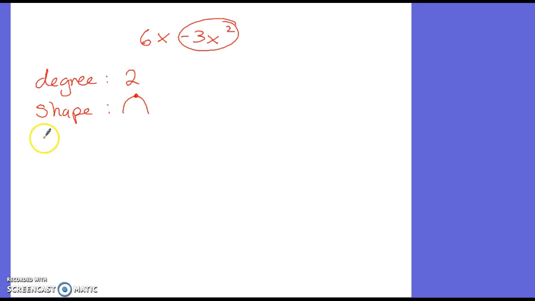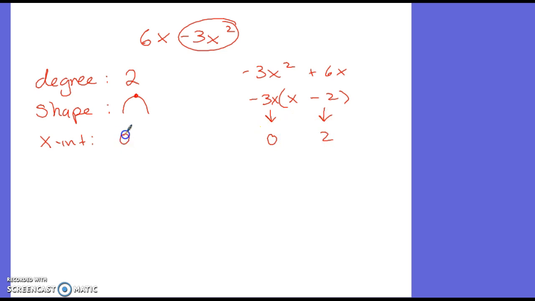And if I want to find my x-intercepts, I can try factoring by taking out a GCF. Both of these, I can go on a negative 3x, and that leaves me with x minus 2. If you set each piece equal to 0, you'll get 0 and 2.